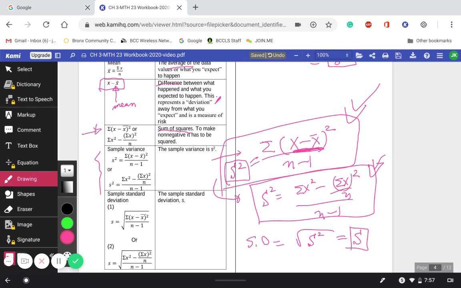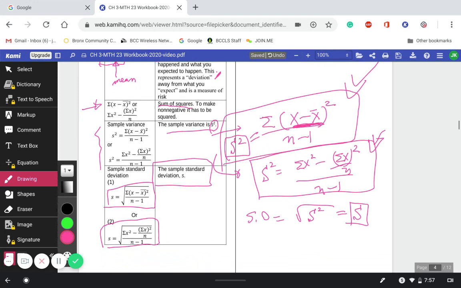But you have to square them. By doing a square, you get rid of negatives. Aha, so they have a philosophical background about this. Square them to get rid of negatives. Okay? And then you have a sample variance of x as s squared, and then you get a standard deviation of s, which is formulated with either this or that.